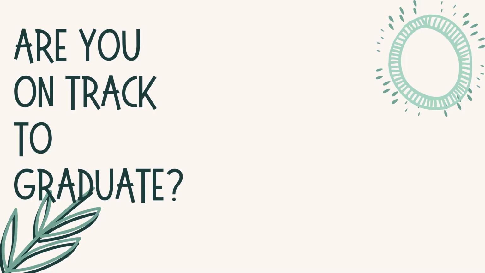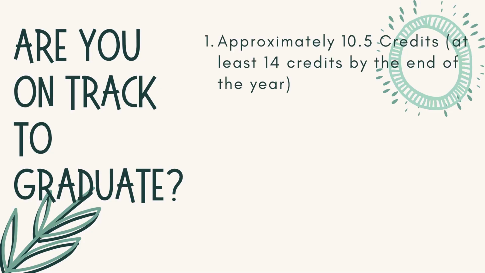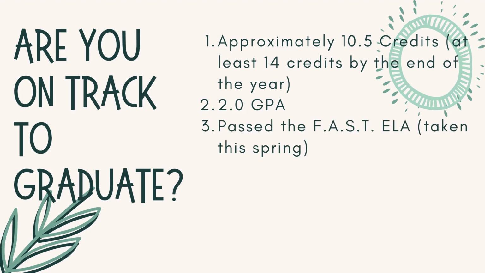Of course, it's also important to be sure that you are on track to graduate. At this point, you should have the following: approximately 10.5 credits and at least 14 credits by the end of the year. At least a 2.0 cumulative grade point average. You should pass the FAST ELA, which will be taken this spring.